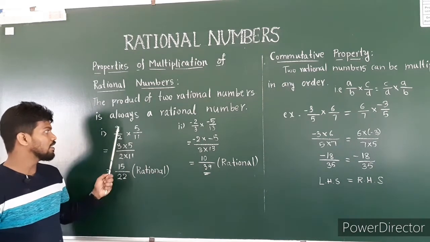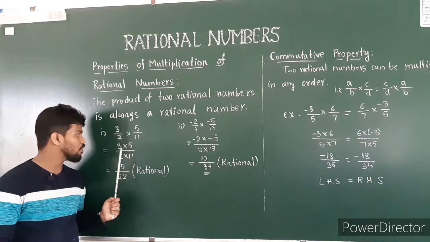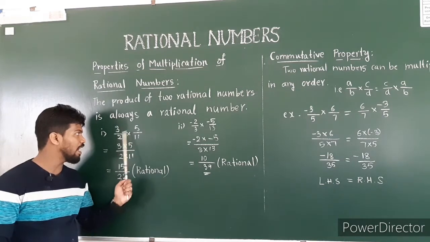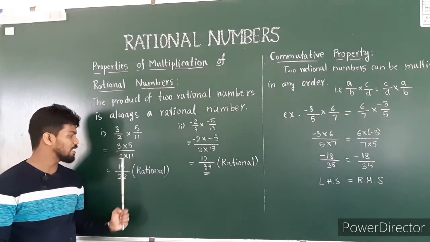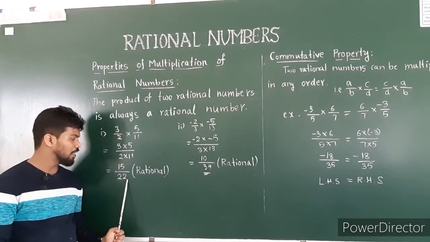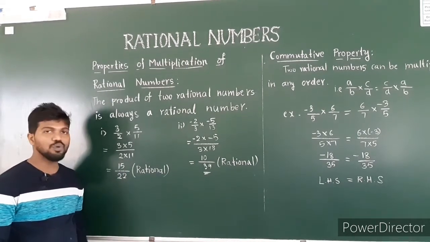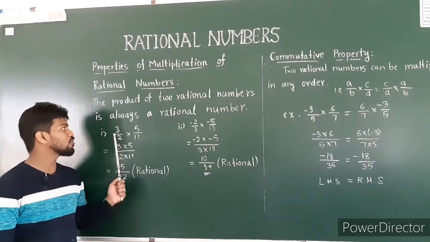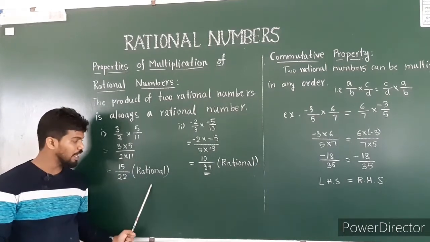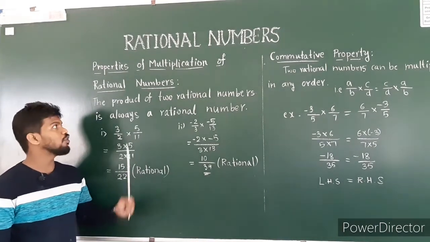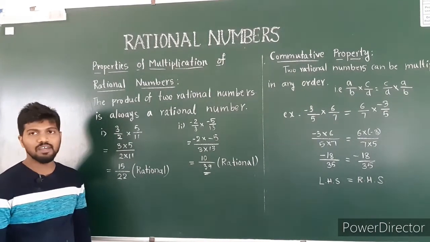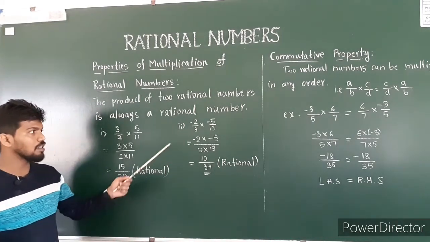You see that 3 by 2 into 5 by 11. First you multiply numerator 3 into 5, and 2 into 11. 3 5s are 15, 2 11s are 22. So 15 over 22 itself is a rational number. So you took two rational numbers and you get a rational number. Therefore, the product of two rational numbers is always a rational number.